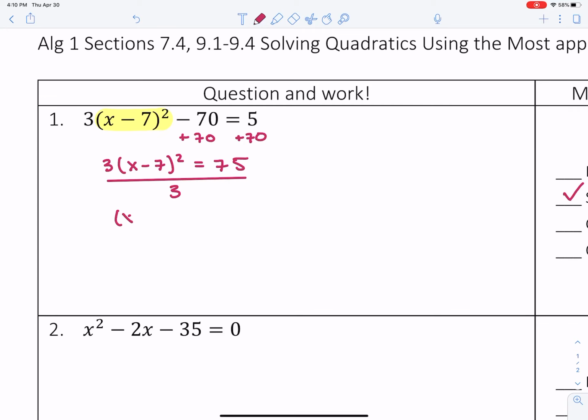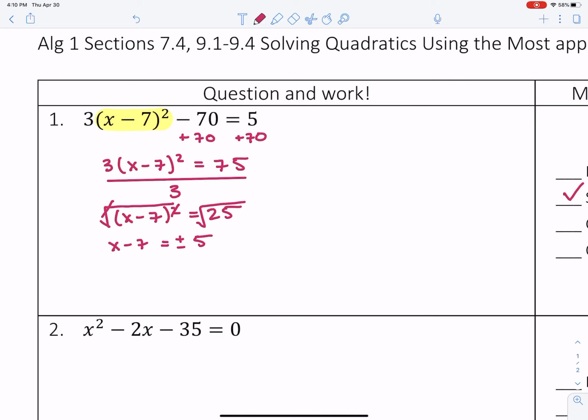On the left-hand side, I have x minus 7 squared is equal to 25. Now when I take my square roots, I have x minus 7 because the square and the square root cancel each other out. What's really cool about the square root of 25 is that it simplifies to 5, but don't forget that plus or minus.